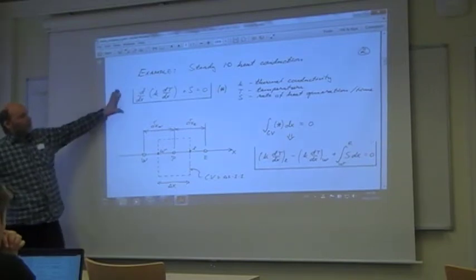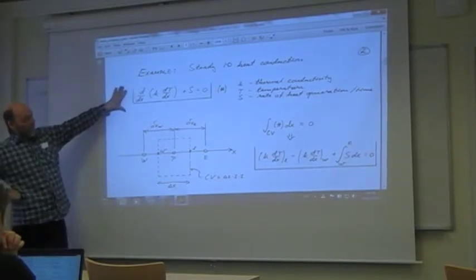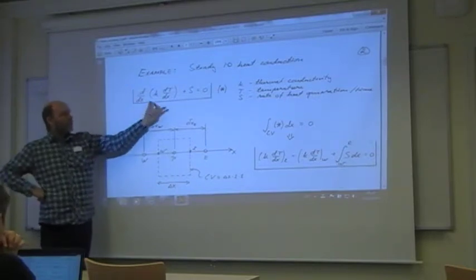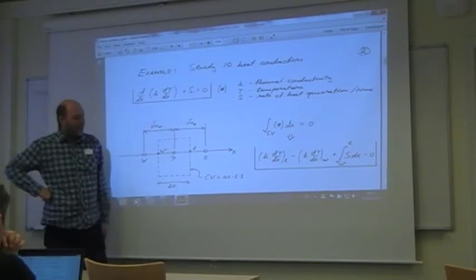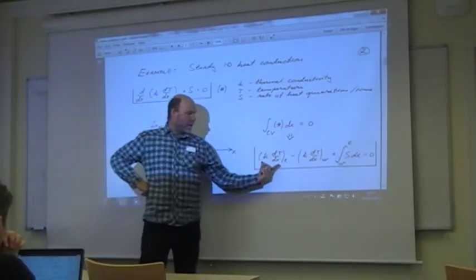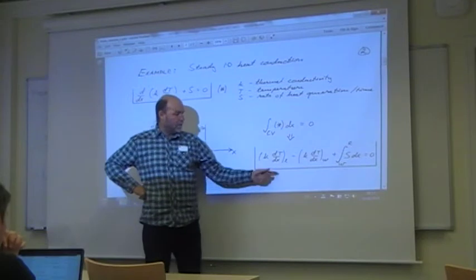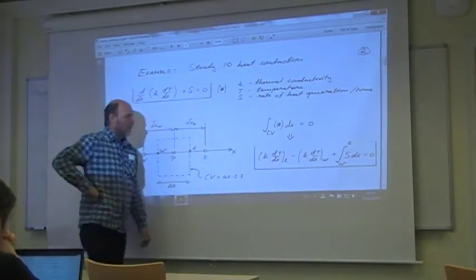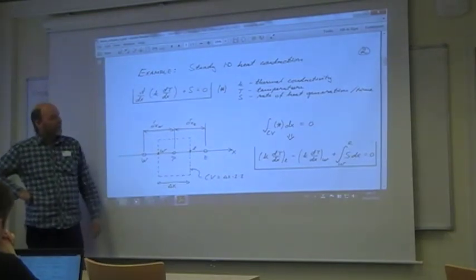So starting with the original equation, you just take a volume integral of it. And then when you have a derivative in front, of course, you only get the argument back here. But you're going to need it on the east and west border of your control volume.